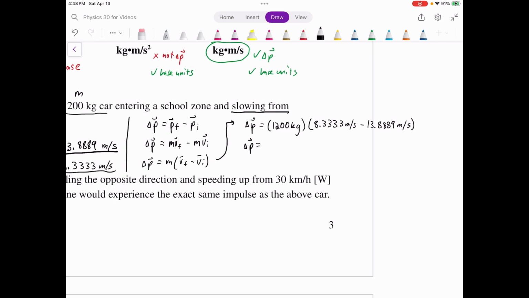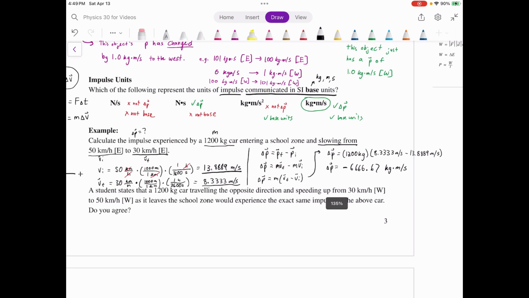So if I do 1,200 times 8.333 minus 13.8889, I get negative 6,666.67. We could see our units would be kilograms times meters per second. Okay, so that negative, what does that mean? It means the impulse was to the west, right?